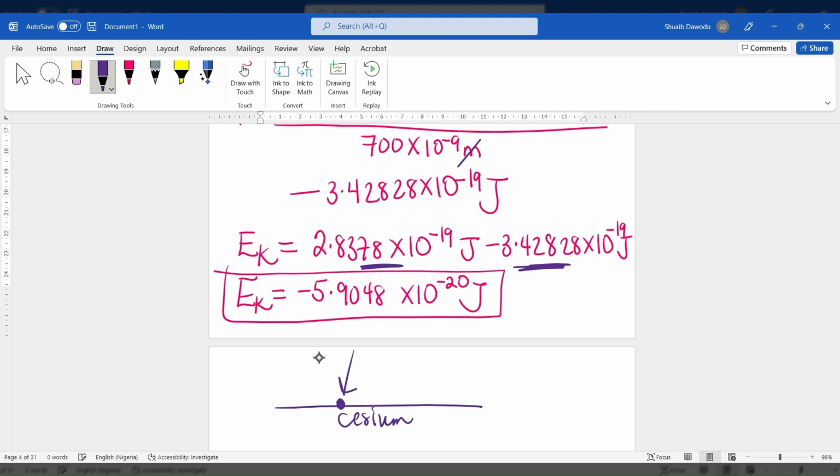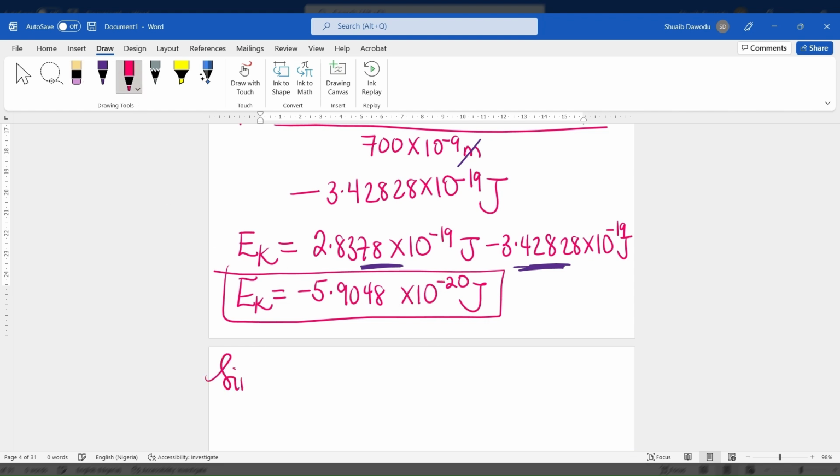That energy is less than the work function. Because it is less, electrons will not be emitted. So you have a situation where there's negative kinetic energy, meaning the electrons are not ejected, they just sit still on the surface of cesium. That is what I'm trying to explain. And of course, since there's no photoejection occurring, there is no speed of electrons ejected to be calculated.